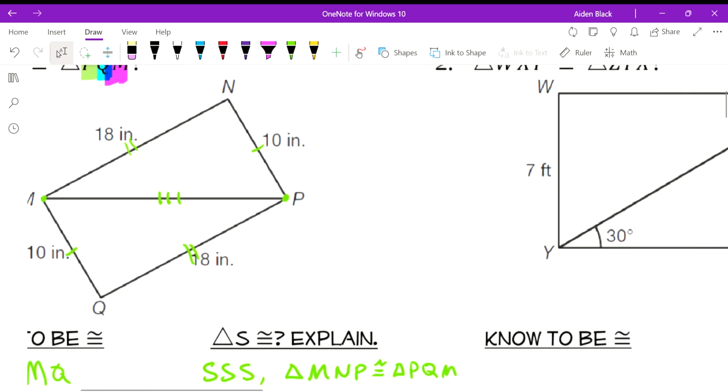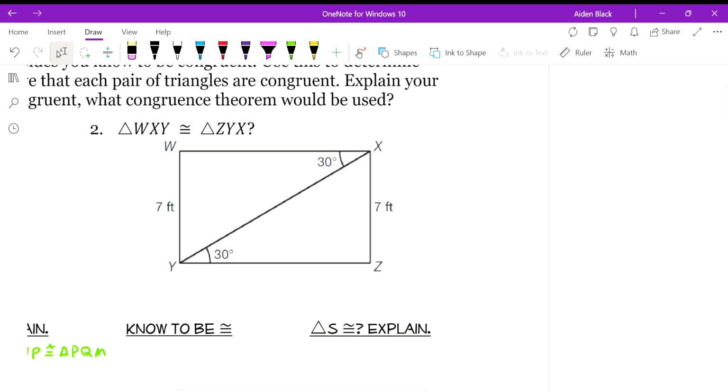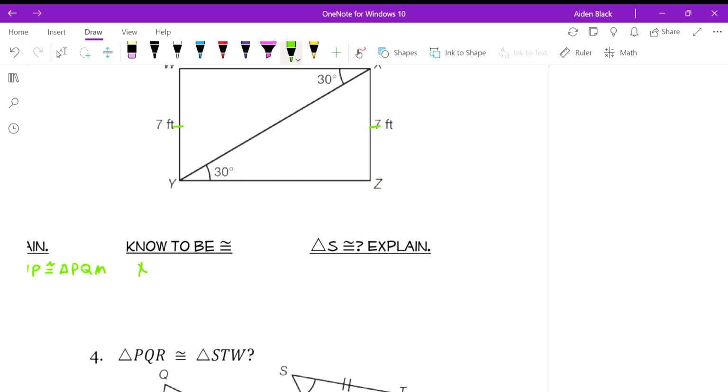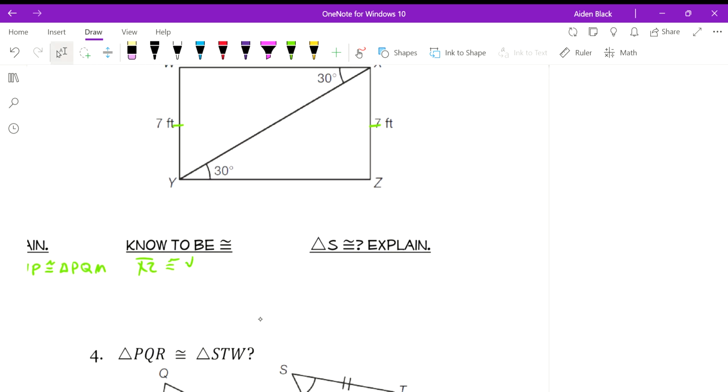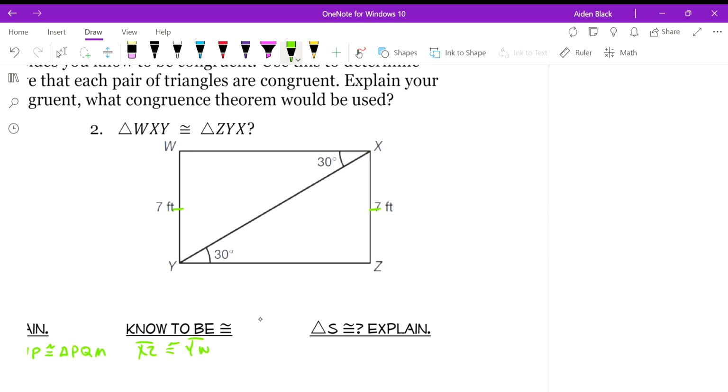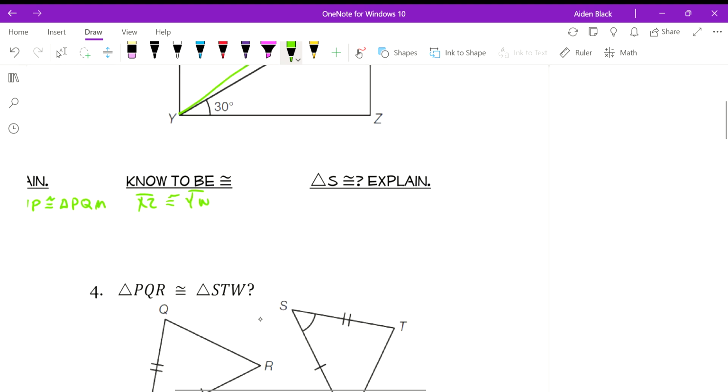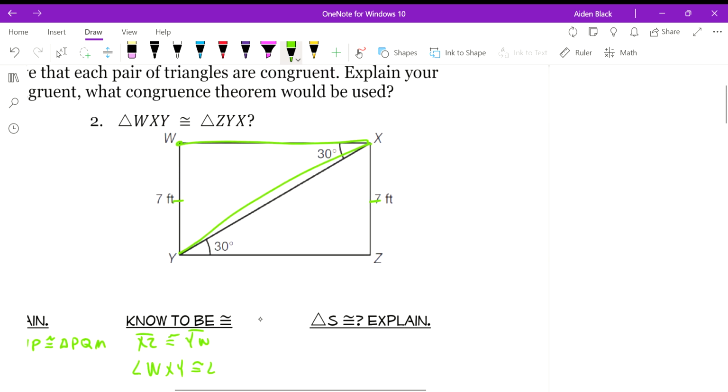This is an important question right here, number 2. You'll notice these are congruent. XZ is congruent to YW. And then we have that this angle here, WXY, is congruent to angle right here, another 30-degree angle.